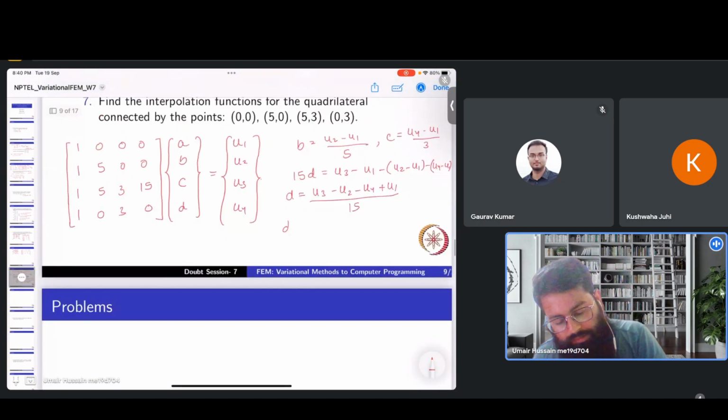Or we can also write this in a more creative way: this is U1 minus U2 plus U3 minus U4 upon 15.